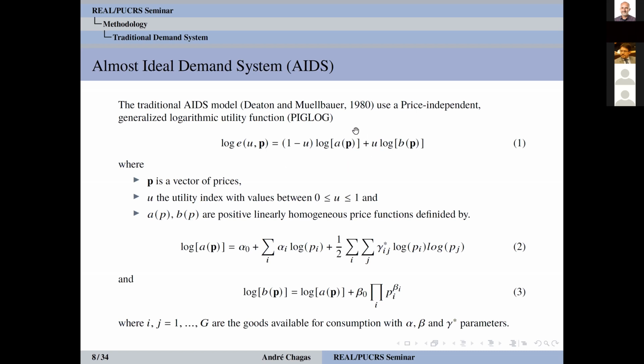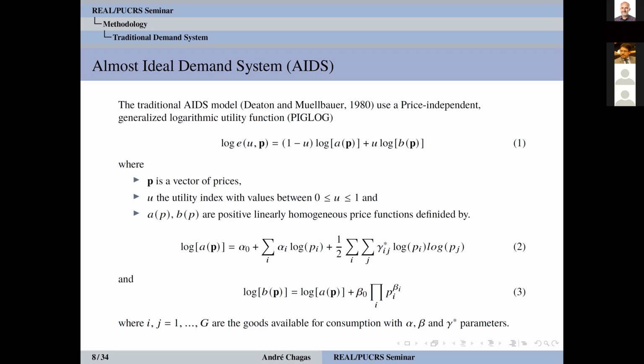And the utility function is the sum of two parts. The first one is the subsistence consumed and not subsistence consumed in the part B. And they specify the A and B part of the model using a relation between price of the goods and the price of the whole other goods in that way, and in the B part in that way.